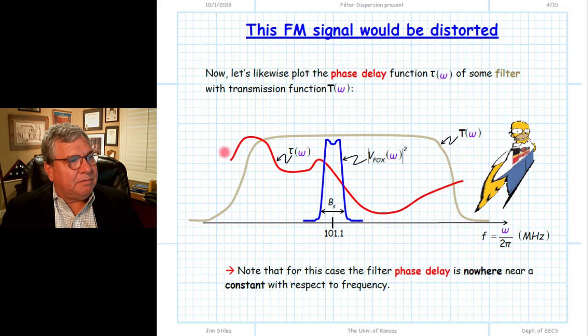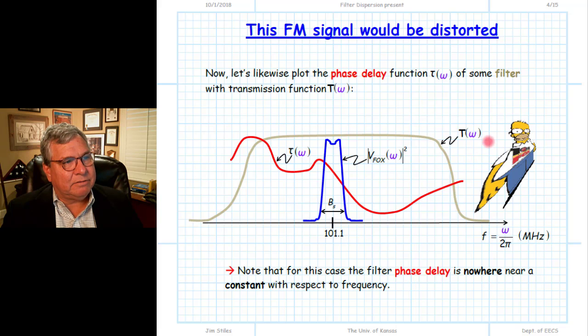We also have this plot. This plot is the delay of a filter, the phase delay, as a function of frequency. So once again, the horizontal axis is frequency, but for the red curve, the vertical axis would be delay. Higher values would be longer delay, smaller values would be shorter delay. And we can see the delay of this filter changes over frequency.